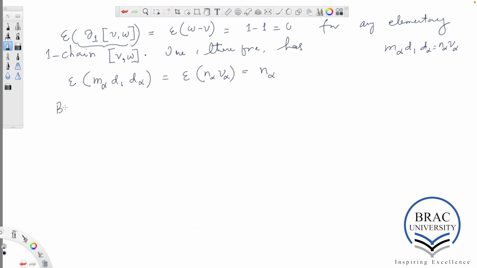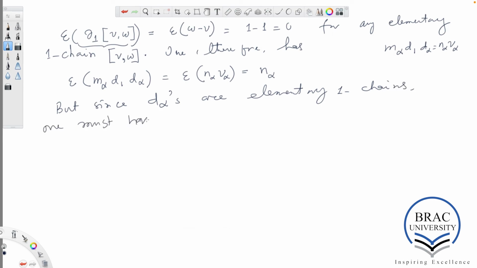But since these d alphas are elementary one chains, one must have epsilon of delta 1 d alpha equal to 0. We have seen earlier that epsilon of delta 1 acting on an elementary 1 chain is equal to 0, right? So this has to be 0.